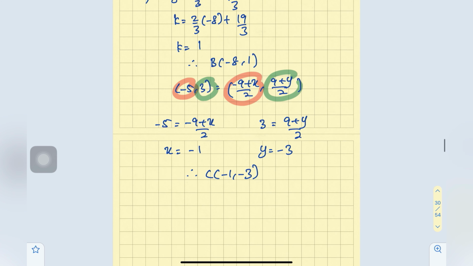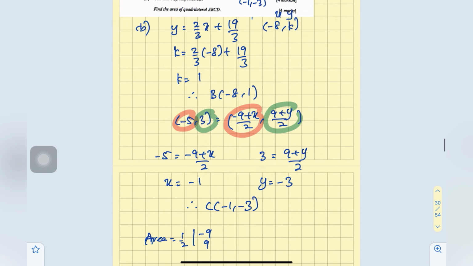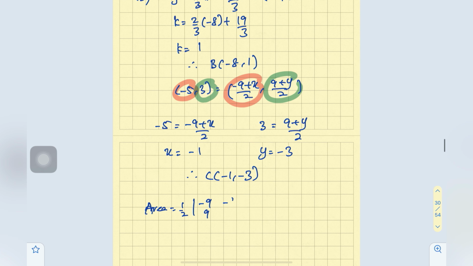Okay, so area susun equals 1/2. Tadi A is (-9, 9), B (-8, 1), C (-1, -3), D (1, 9). Balik semula ke A, (-9, 9). Okay, so this one 1/2. Kita ambil yang ni dulu.